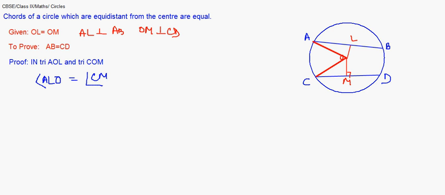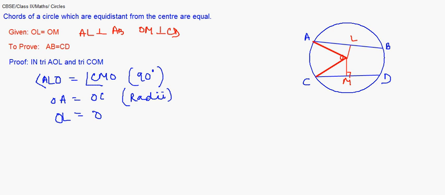They both make 90 degrees. We had already said they are perpendicular. OA is equal to OC because they are the radii. It says they are equidistant. That means OL is equal to OM.